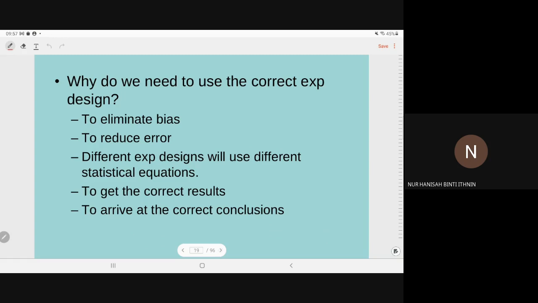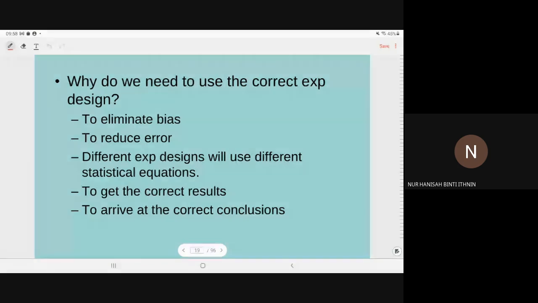So why do we need to use the correct experimental design? First and foremost, to eliminate bias, of course. Because remember, we want to see the truth. If we were to do an experiment which is biased, then it is not going to yield us the truth. So whatever we get is not a representation of the actual happening in the population.